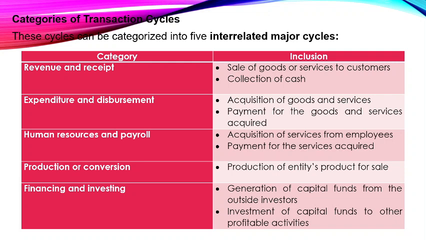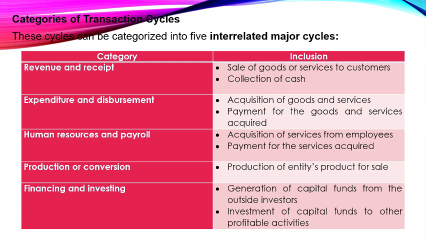The categories of transaction cycles. These can be categorized into five interrelated major cycles. We have revenue and receipts, inclusive of the sale of goods and services to customers and collection of cash. We have expenditure and disbursement: the acquisition of goods and services and the payment for the goods and services acquired.